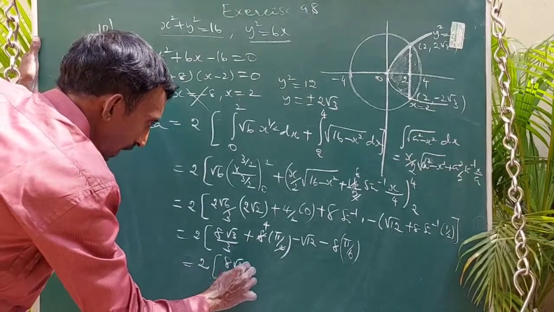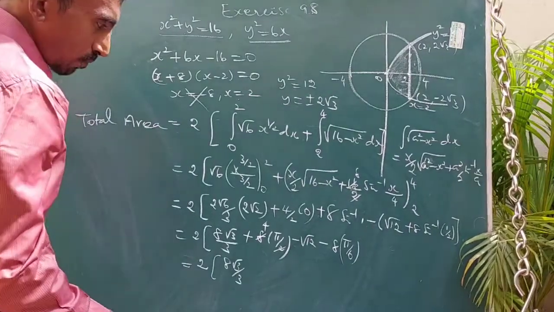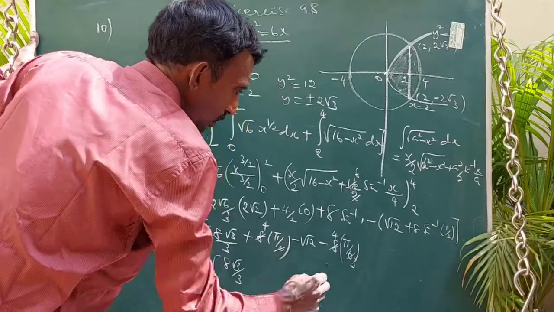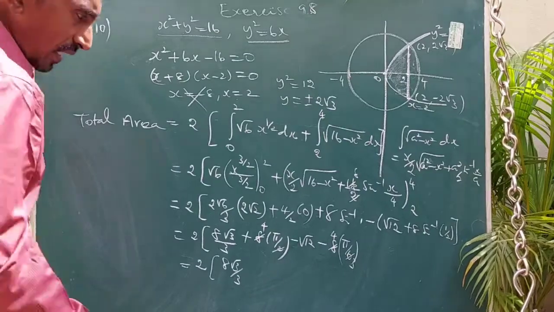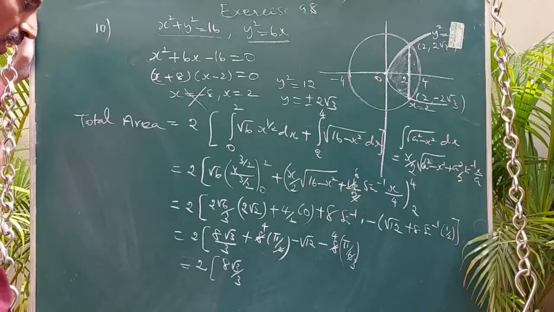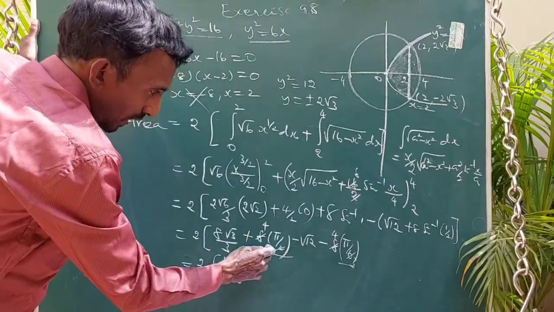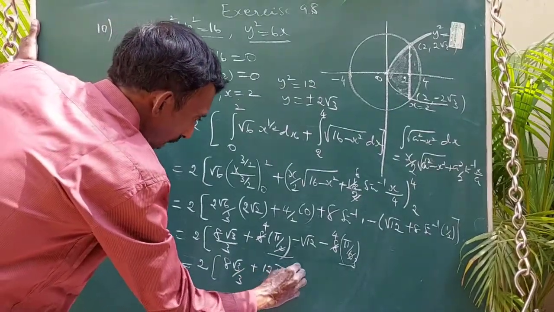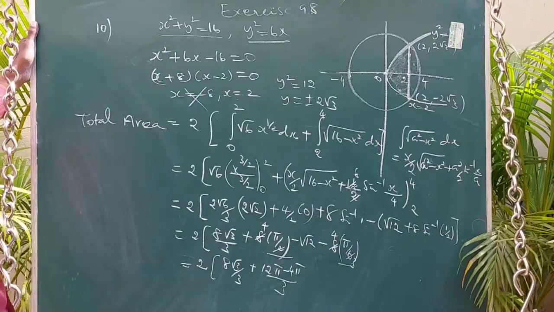So here 2 times, 8 root 3 by 3 plus 4 pi, here we can take 3 times, 4 times, 4 pi by 3. So what we can get: 4 pi minus 4 pi by 3, take the LCM for these two, so 12 pi minus 4 pi by 3.